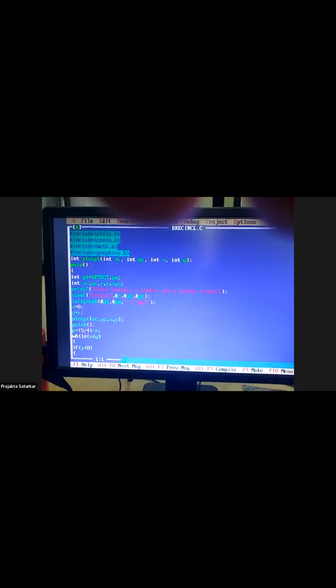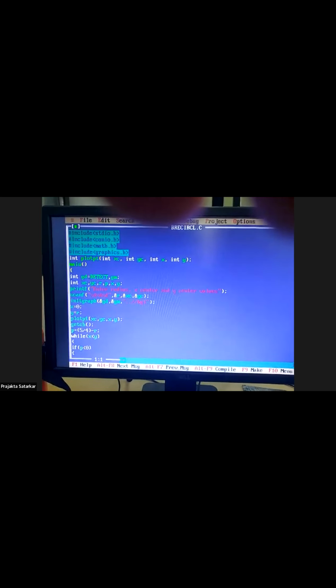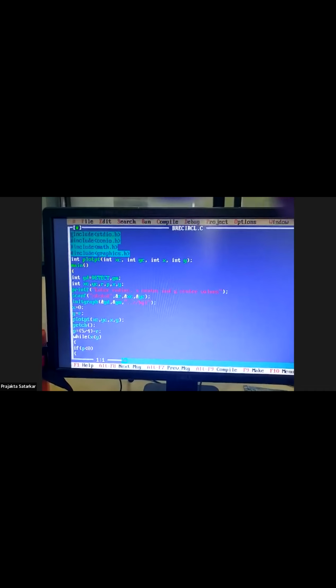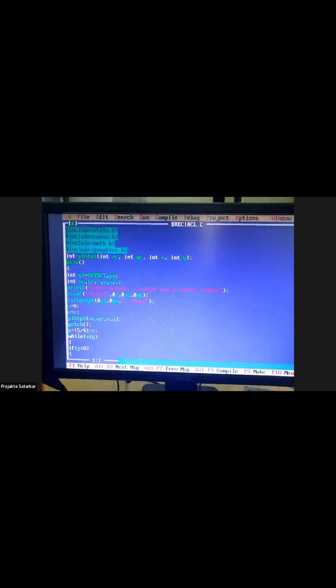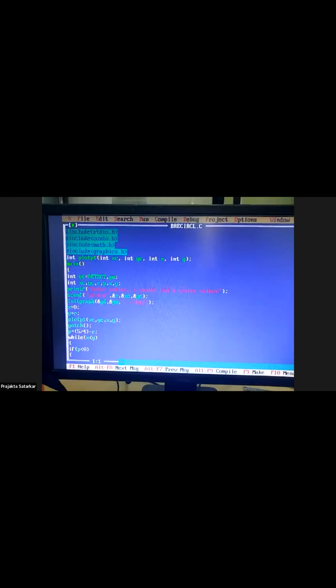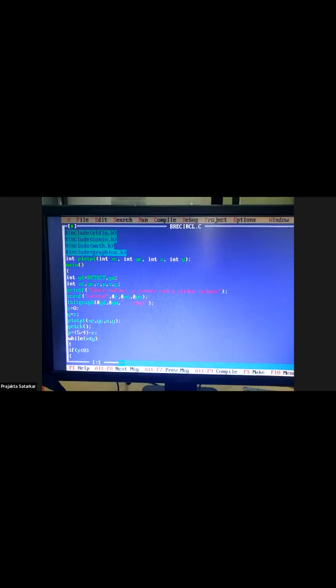As usual, the main function has the integers gd, gm for detecting the graphics driver and graphics mode. Then you have the integer values xc, yc, r. xc and yc are the center coordinates of the circle, and r is the radius.